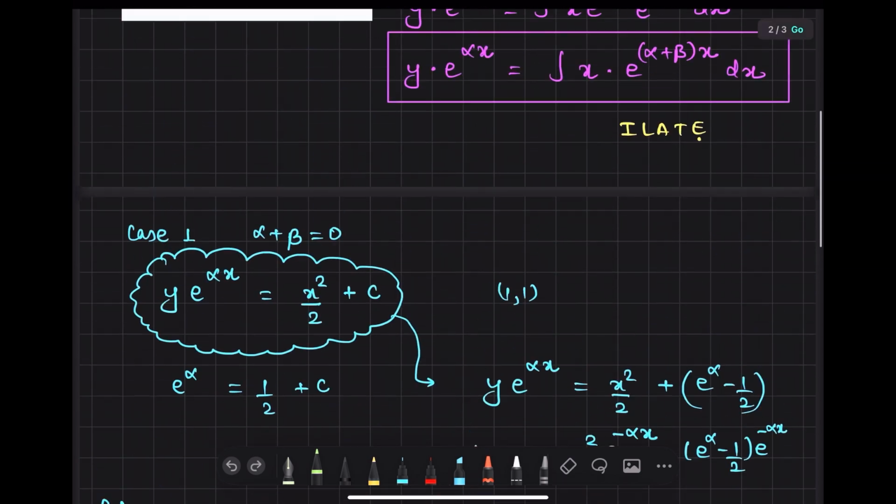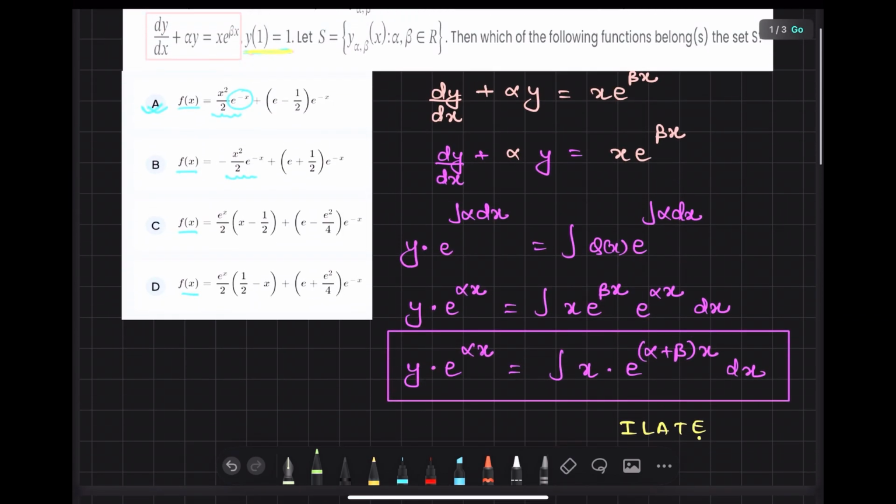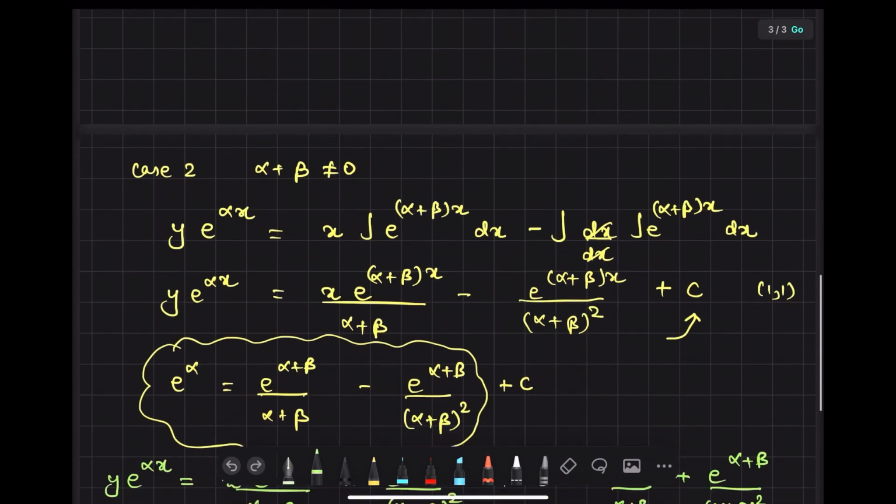Now look at this, you know that x square, option a is correct, so option b is wrong. Now look at this, we want this thing: x square by e power x by 2, x minus 1 by 2. So we will try to create e power x by 2, and then let's see what happens.